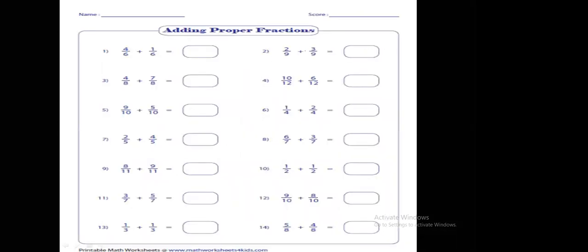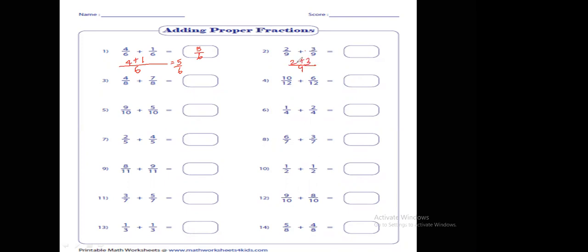Adding proper fractions. Proper fractions means fractions like this, right? Now these fractions, it is easy for you to add. Common denominator is 6 here. So common denominator 6, then what you have to do is 4 plus 1, 5. 5 over 6. Then our answer is 5 over 6. Here also common denominator is 9, 2 plus 3.